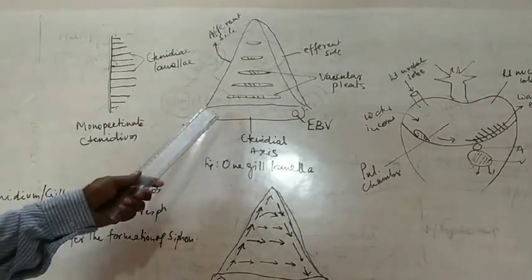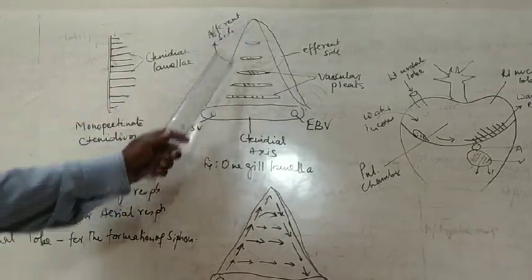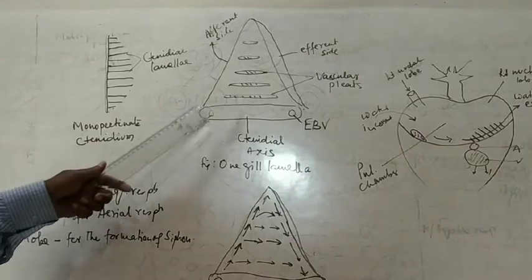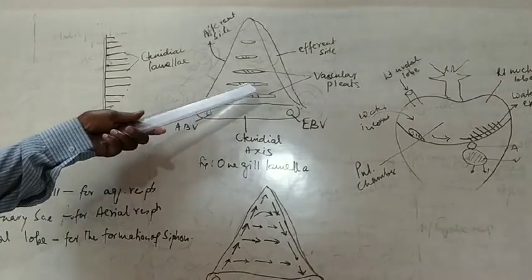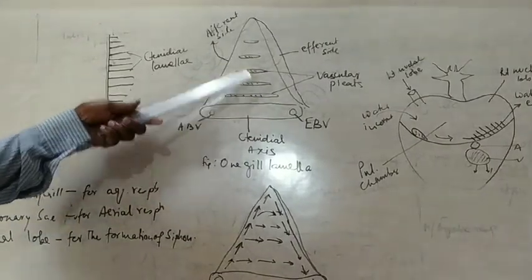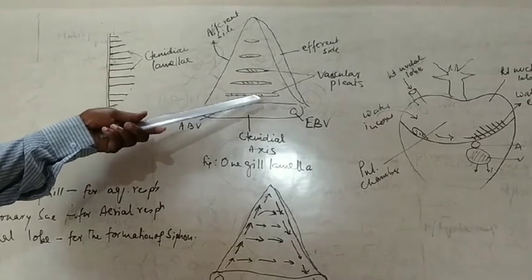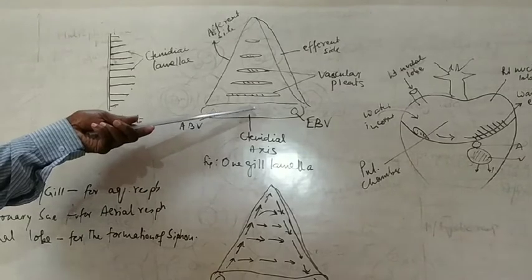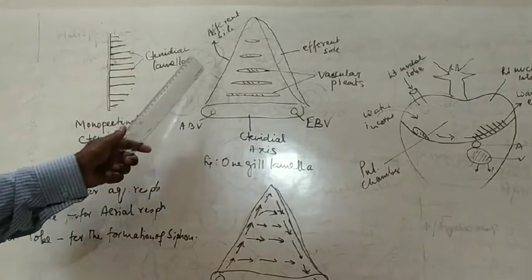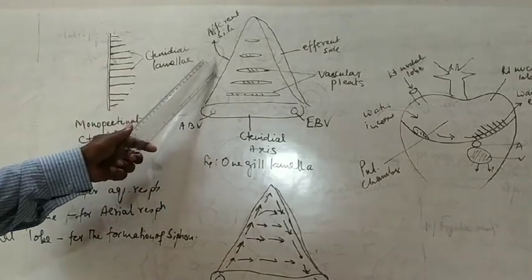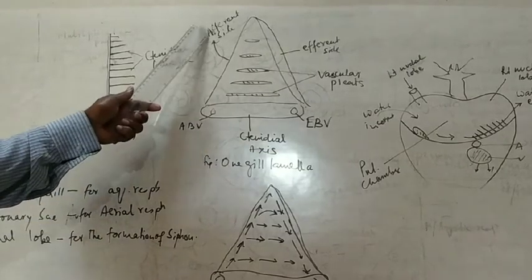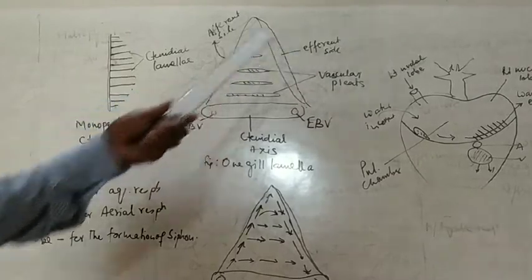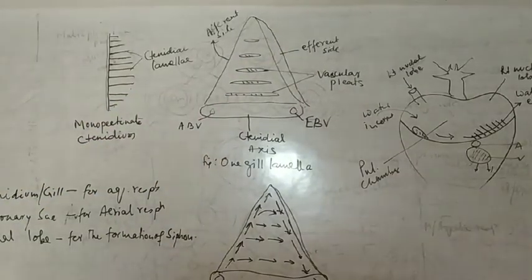The base is wide and the apex portion is gradually narrow, where the vascular pleats are arranged parallelly in decreasing order from the axial zones. Here this side is the afferent side, and this side is the efferent side. Okay?